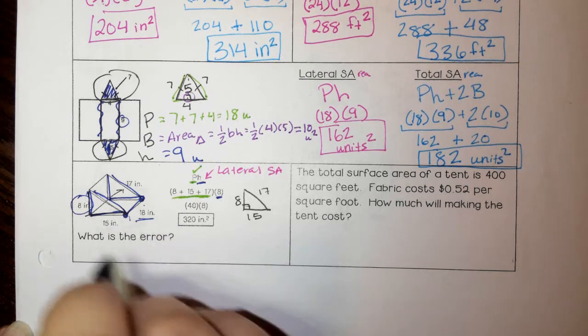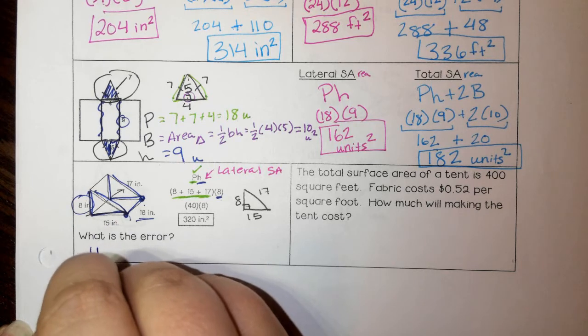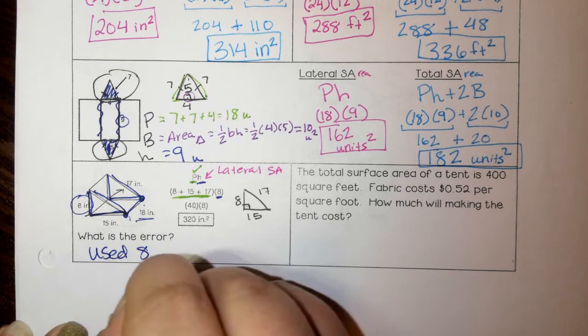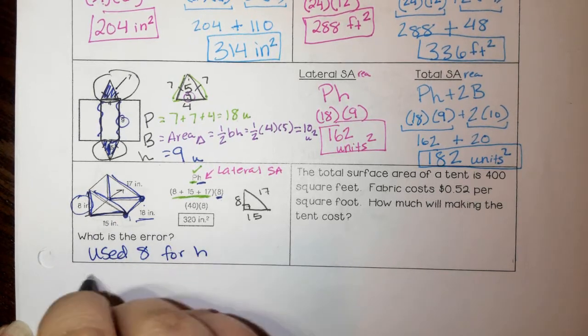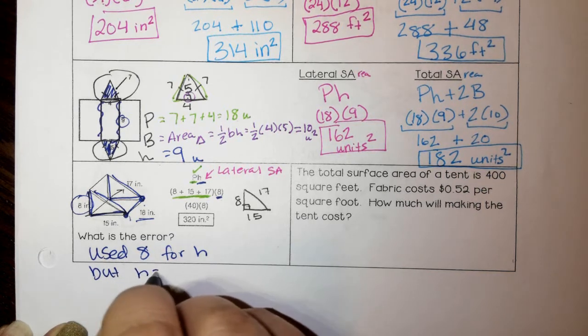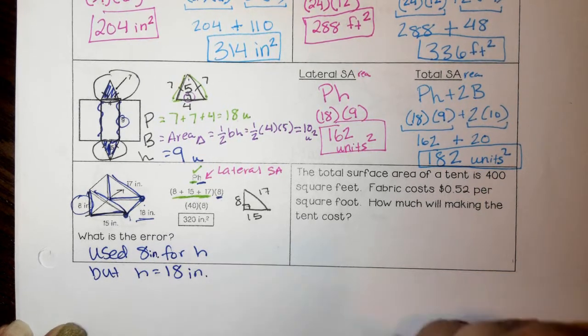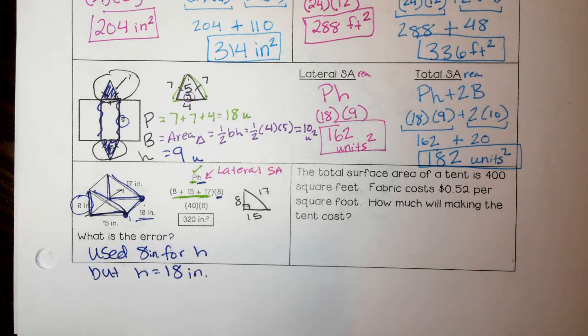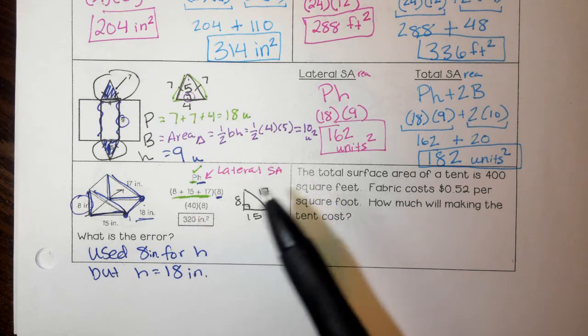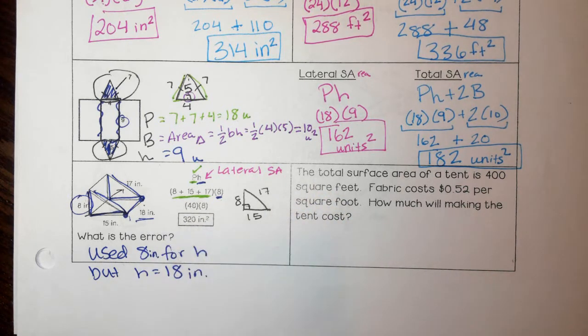So the error here is that they used the wrong value. They used 8 for H, but the height is 18. If they had used an 18 there, they would have been set up correctly and hopefully done the adding and multiplying all nicely.